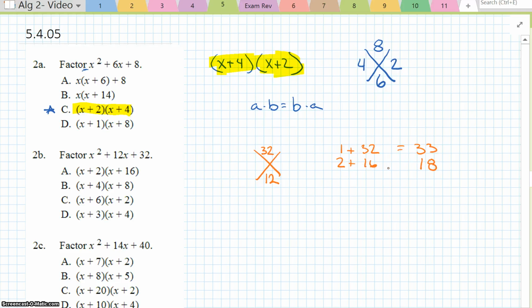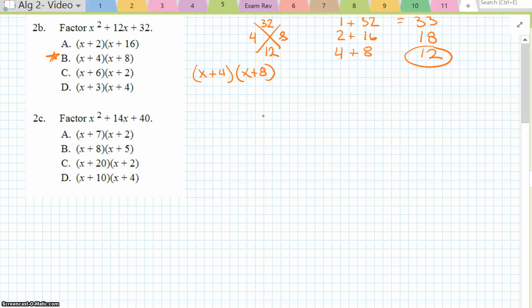That's no good. 3 doesn't go into it. 4 and 8. There you go. 4 and 8 is a product of 32 and a sum of 12. Since our a value is 1, we can just rewrite this as x plus 4 times x plus 8. So we're done. The answer is B.